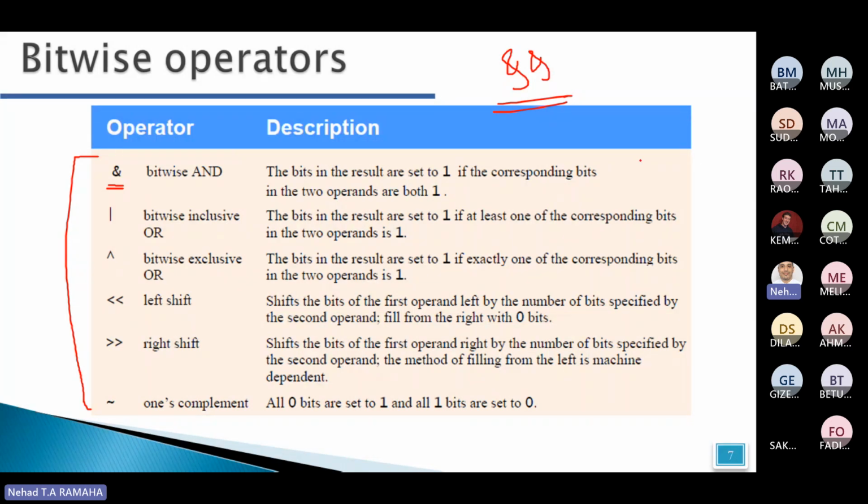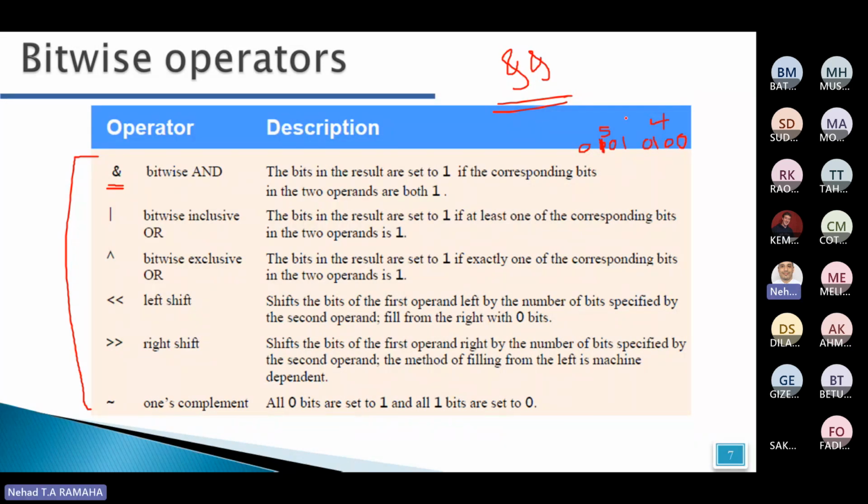So the computer sees the numbers. When you set 5, the computer sees it as binary. And if we have 4, the computer sees it as 0, 1, 0, 0.